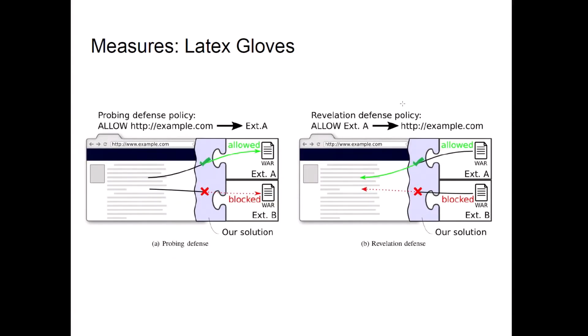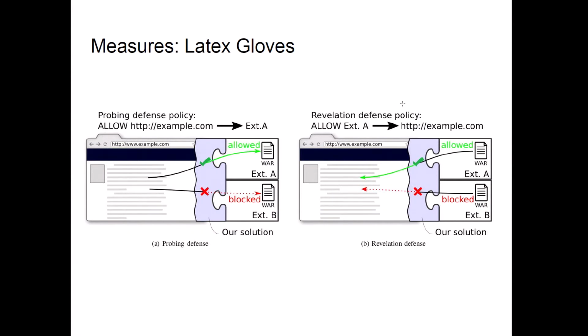So how can we try to mitigate this? We propose a whitelisting mechanism that is based on two whitelists. One to help solve the probing attack, one to help defend against the revelation attack. The probing attack is initiated by the web page, which means that we have a whitelist that says what web pages are allowed to access what resources or what extensions.